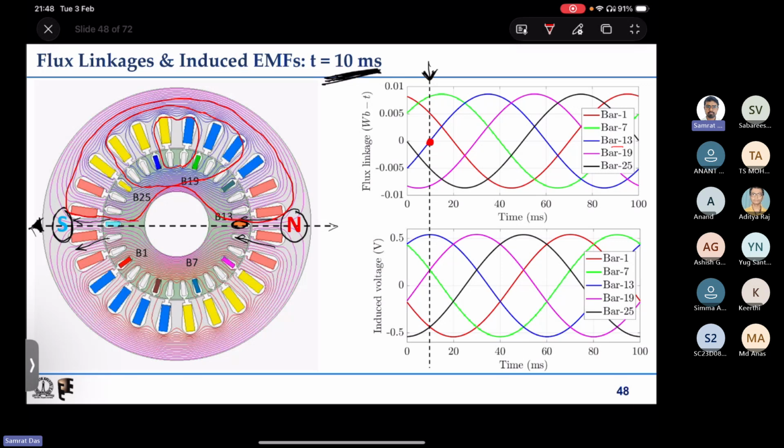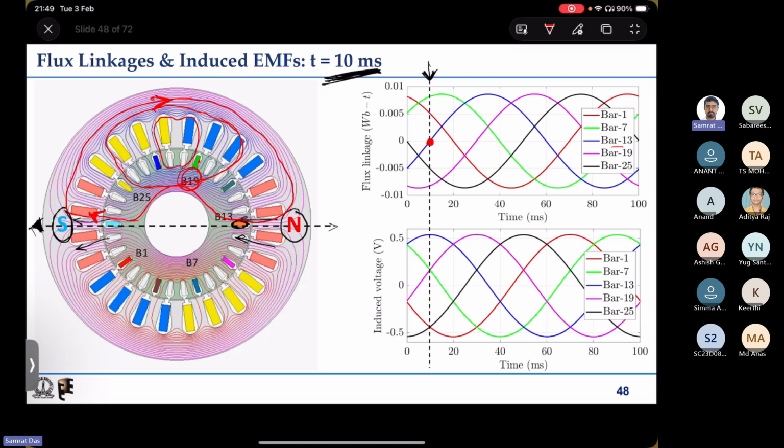Now let us see what happens for some other bars. As I have already drawn some lines, you can see that this line is linking both bar 19 and this blue bar also, but that is not named in this case. So bar 19, what is the direction? The direction is like this, so the arrow will be like this. So this is clockwise. All the flux lines on the top are clockwise.